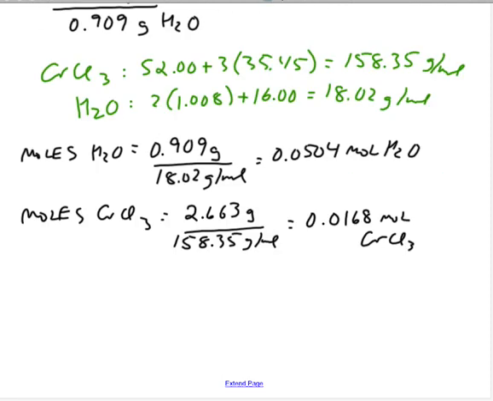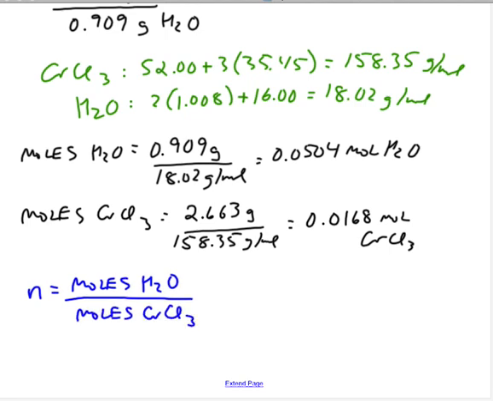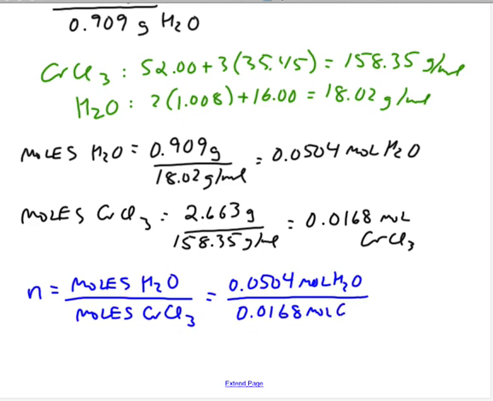As I said before, N is simply a mole ratio. It is the moles of water present in the crystal lattice per moles of chromium-3 chloride. So all I do is take the two results I just got and divide them. 0.0504 moles of water over 0.0168 moles of chromium-3 chloride, which is equal to exactly 3.